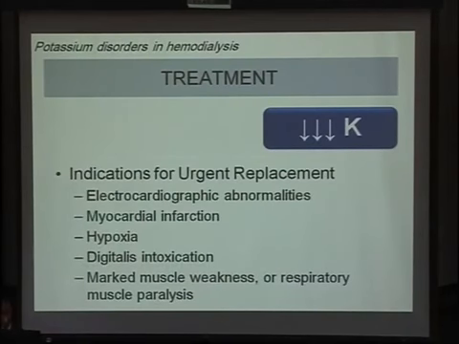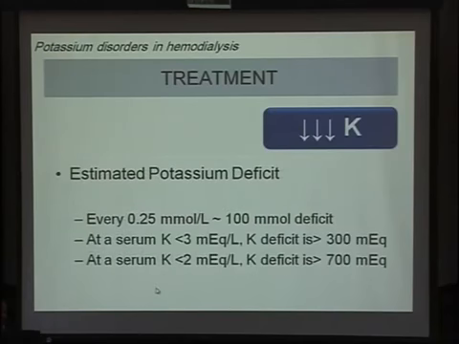Indications for urgent replacement of hypokalemia include electrocardiographic abnormalities or the presence of myocardial infarction, hypoxia, digitalis intoxication, or severe musculoskeletal symptoms. Please note that because potassium is intracellular, only a minor change in serum potassium reflects a great change in total body potassium.